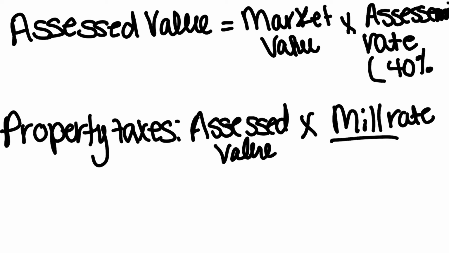If it asks you per 100, you're going to need to divide by 100 and then multiply it by whatever you get. So like that 3.29 that we got in our last equation, you're going to want to multiply it by that to get your property taxes. In part 2 of this video, the next video that will come out next week, I will go about solving a problem that has the per 100 versus the mill rate.